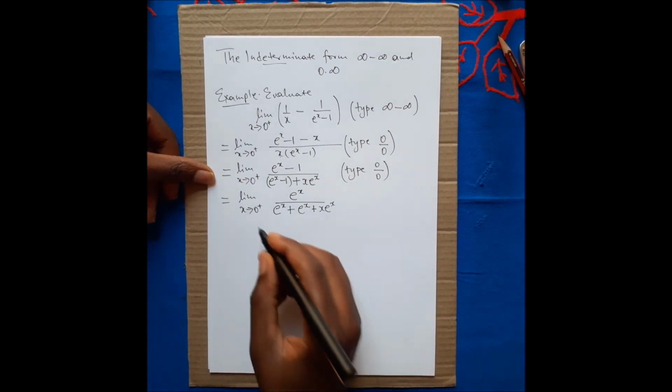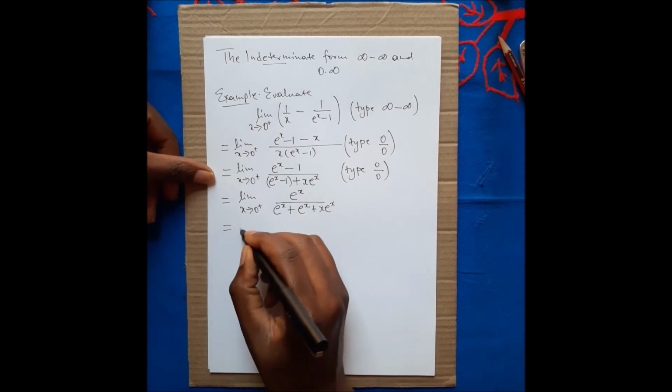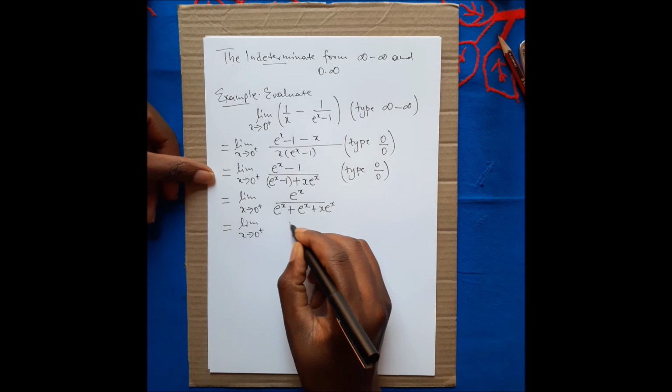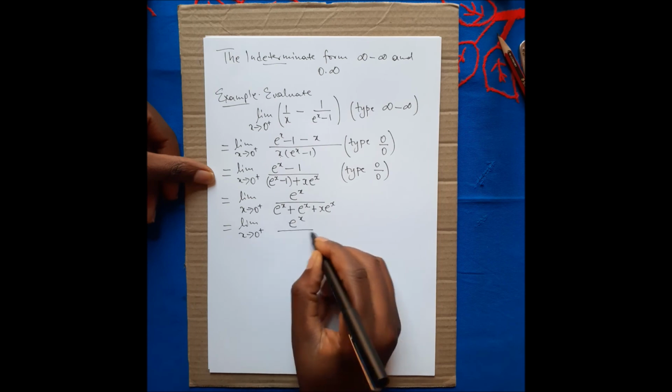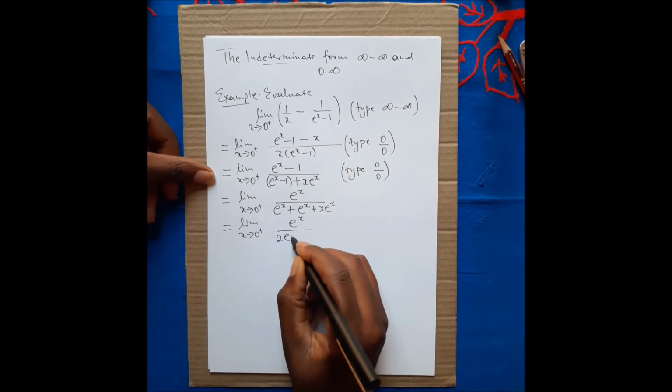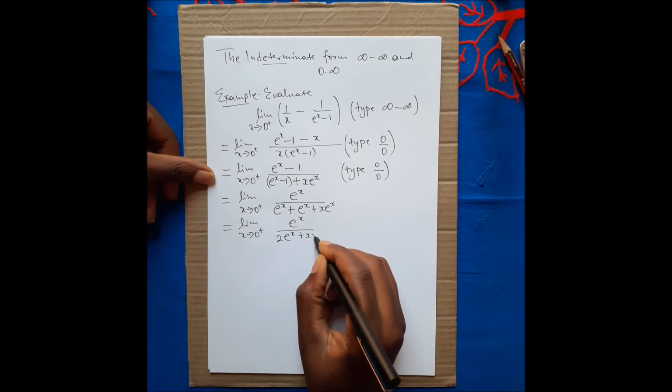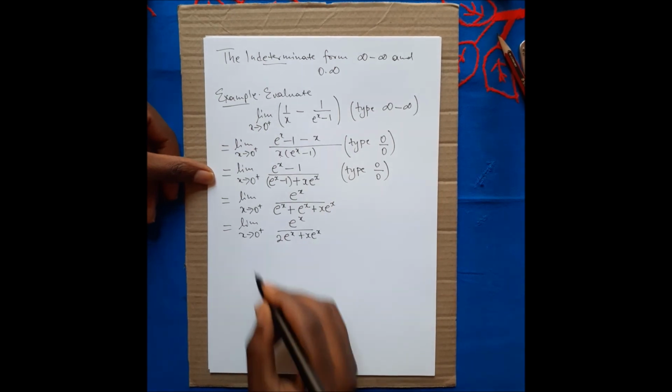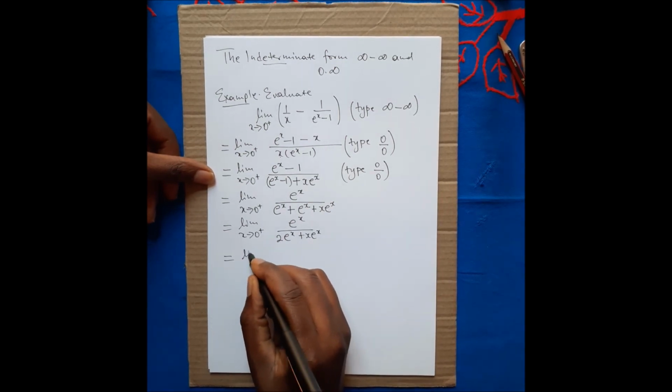Then we can simplify to the limit, x approaching 0 from the right, of e to the power of x over 2 e to the power of x plus x e to the power of x.